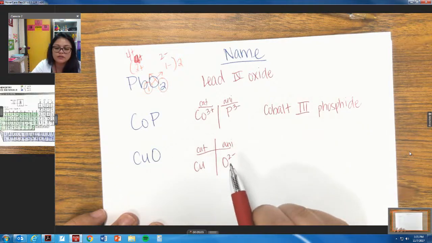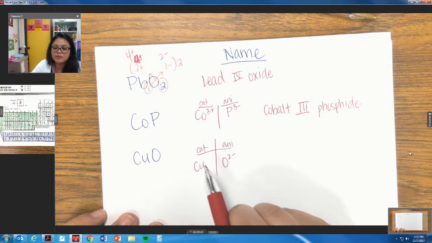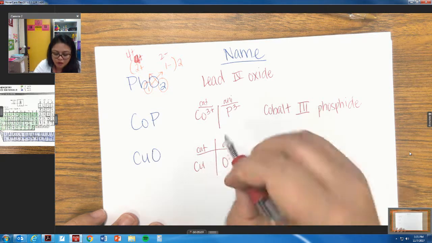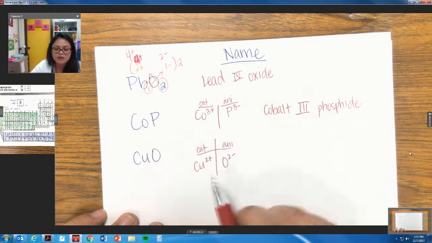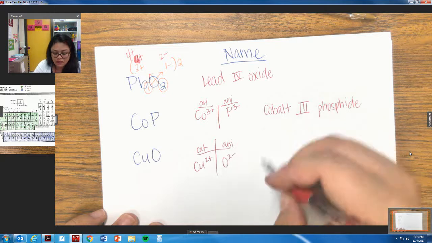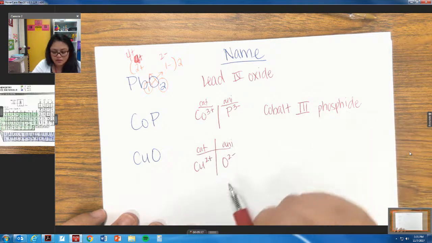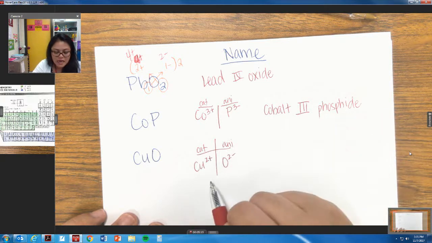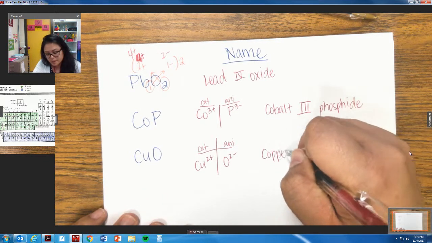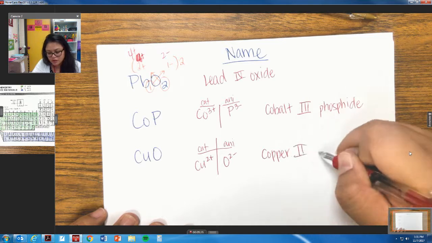That's -2. So copper's charge must balance oxygen's, so copper has to be +2. Our charges balance each other out and it equals 0. Therefore the name of our compound is copper 2 oxide.